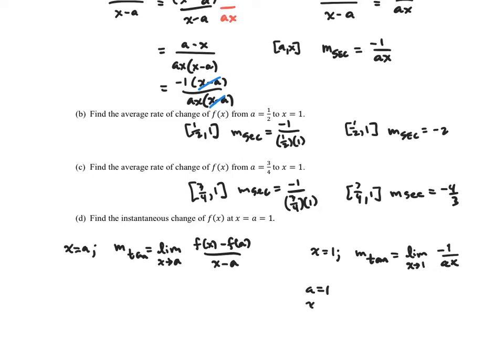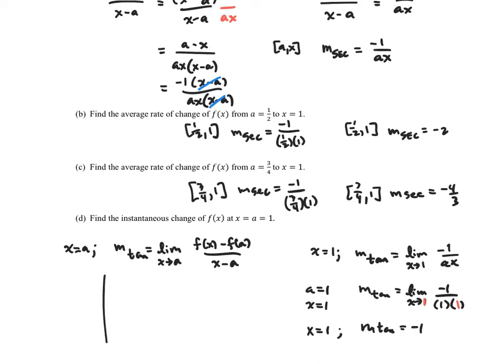And I want to know what the slope is when x equals 1. Therefore, I'm going to do a direct substitution here. All right, so I got -1 over 1. And this one is the one I am subbing in right here. All right, so it looks like the slope of the tangent line at x equals 1 is going to be equal to -1.